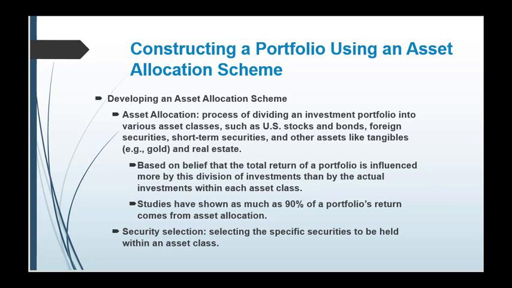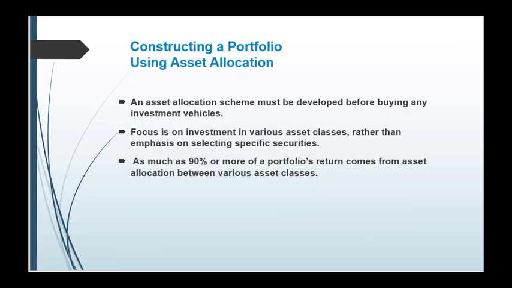You need to determine what percentage of each asset class you want to invest in. Once you've decided that, hey, I'm going to put 40% of my money in stocks, then you have to decide what stocks go in that 40%. So asset allocation is the mega classes, if you will, and security selection is within those classes.